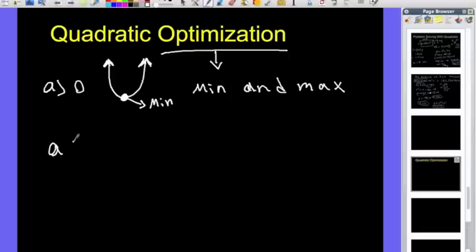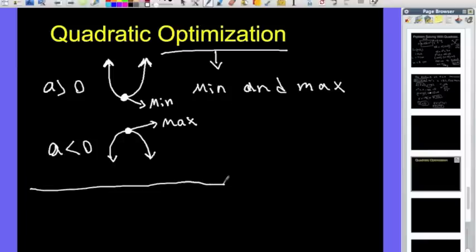And we know that if a is less than 0, we get a graph which looks like this. And the vertex is here, and we know that this point would be our maximum point. So pretty much quadratic optimization is all about the minimum and the maximum points. So if we have to find the vertex points, okay, let's do an example.